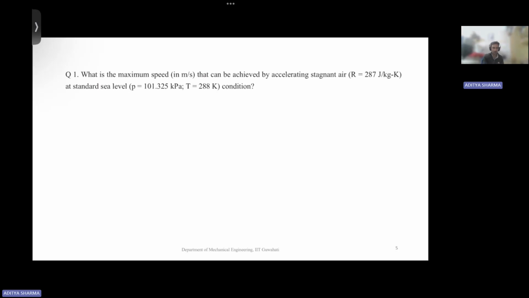What we will be doing here is, based on the enthalpy data, we will try to get this maximum speed, because eventually this enthalpy is holding all the potential of accelerating the air.